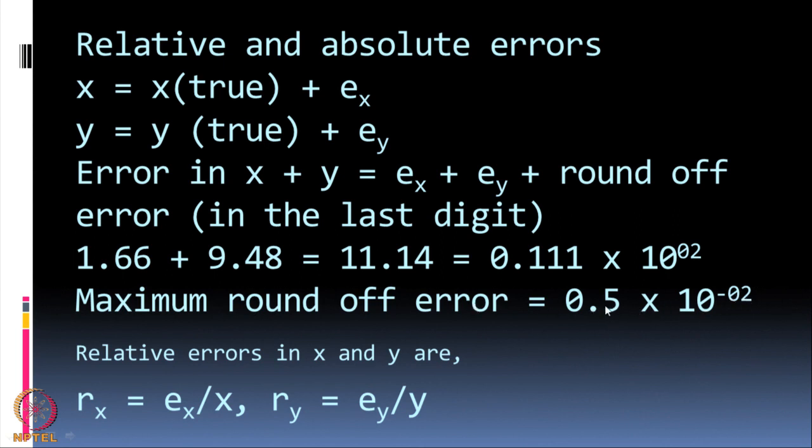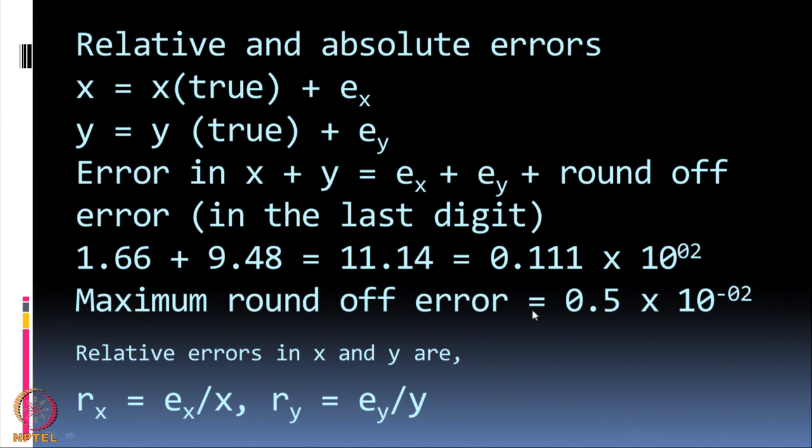There is always a round off error which occurs in the last digit, and in this case, the maximum round off error will be 0.5 times 10 raised to minus 2. So, this is the round off error when I add 2 numbers. When I add 100 numbers, there will be even larger round off errors.